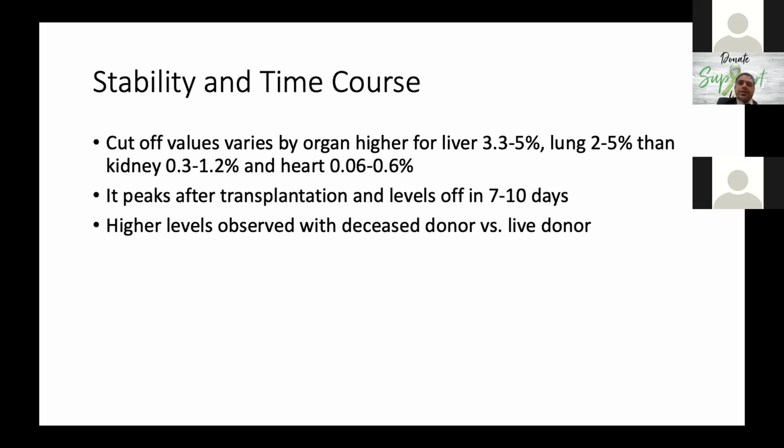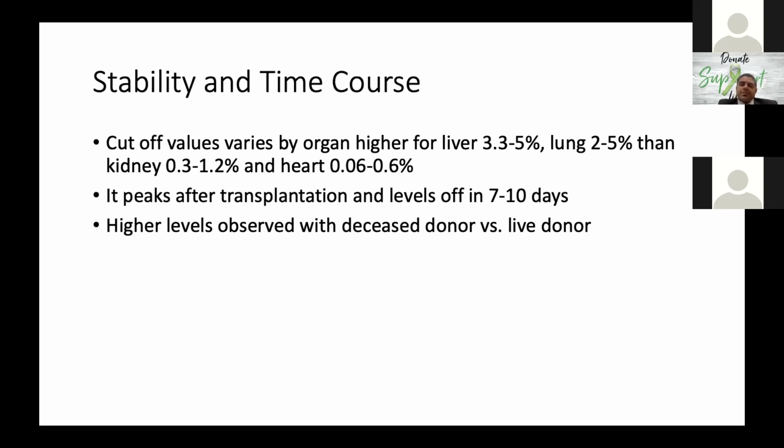The liver is a larger organ than the kidney and has different characteristics. So they found that in liver transplant recipients, the test can be normal if they detect between 3.3% and 5% from the donor cell-free DNA in the recipient.